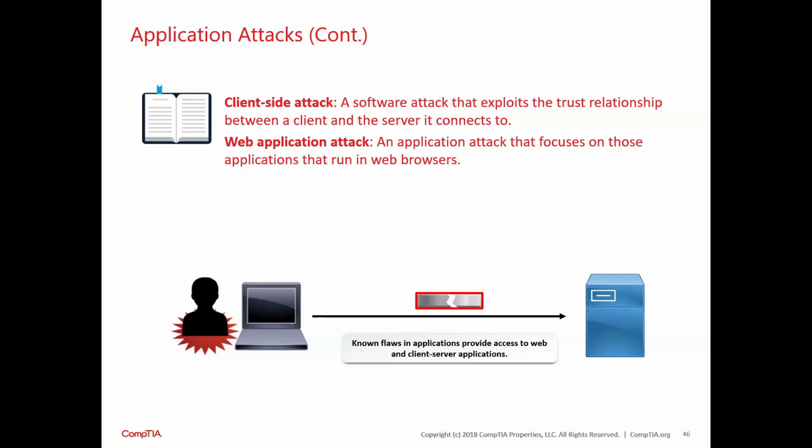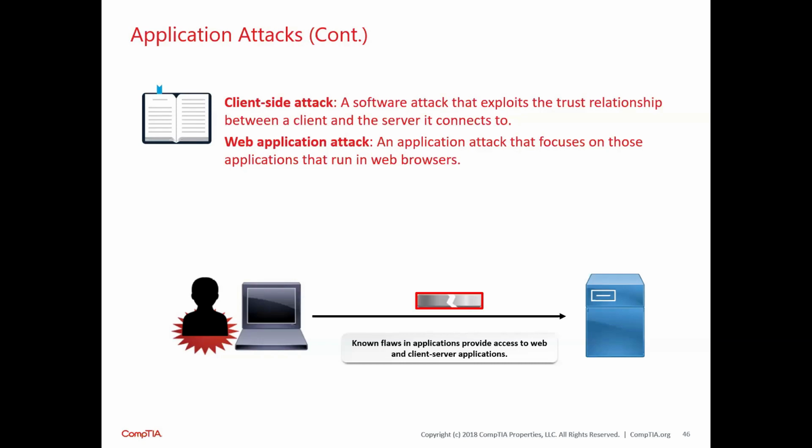And we also have the web application attack that focuses on those applications that run on a web browser. So you can do a lot of different types of attacks. You can do cross-site scripting, SQL injection, maybe IDOR, the insecure direct object references, and many different types of attack.